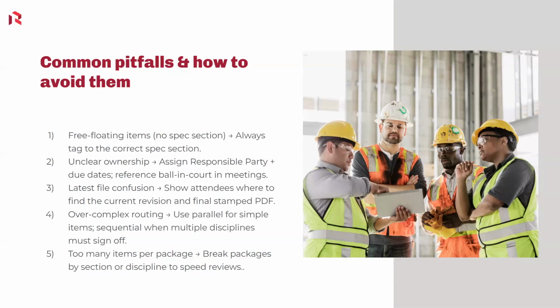Make sure that people know what they're responsible for, the due dates, and basically just making sure that you know who has ownership of each step. And then when you do update your plans, let your team know, hey guys, we have the latest file, and where they can look at the revisions or those final stamped PDFs.